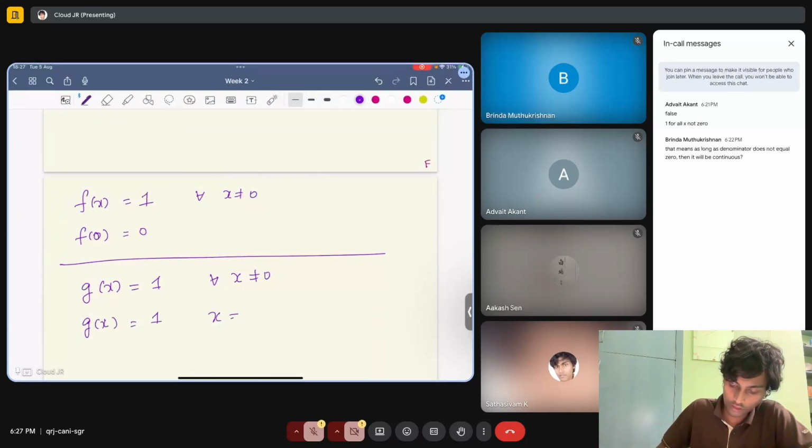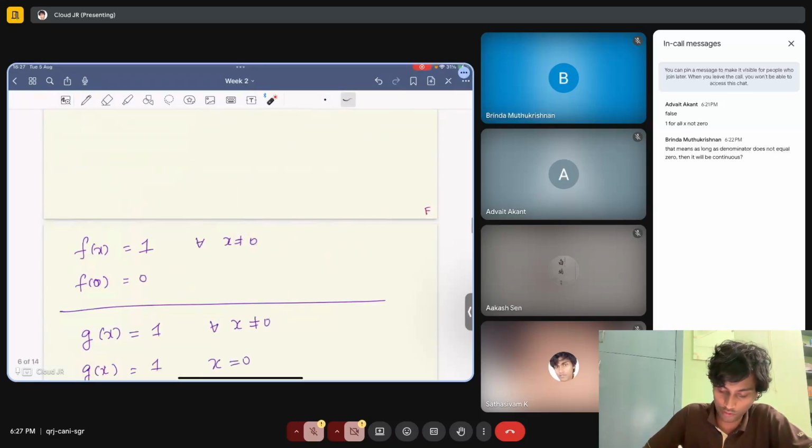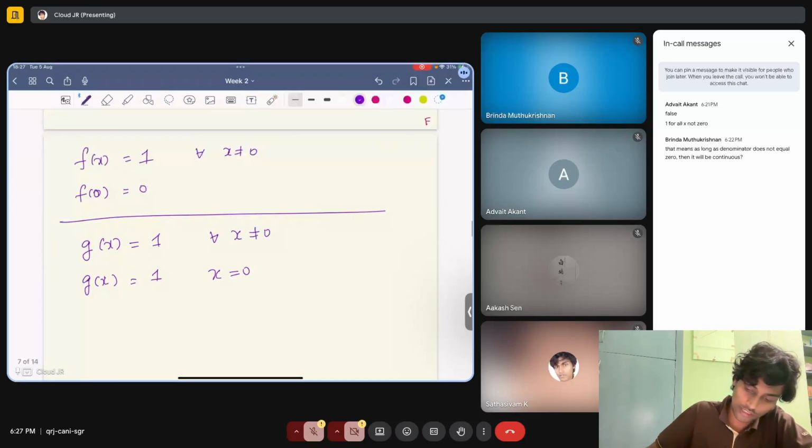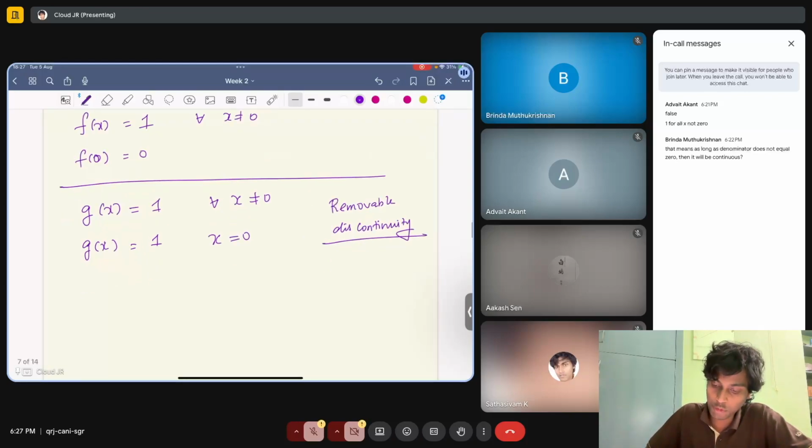Okay. So what I was trying to say is I can just change this particular point, only the function value at this point, and I can make this function continuous. When I have a function like this, this type of discontinuity is called a removable discontinuity. Why is it removable?